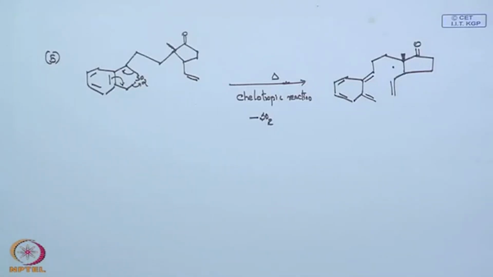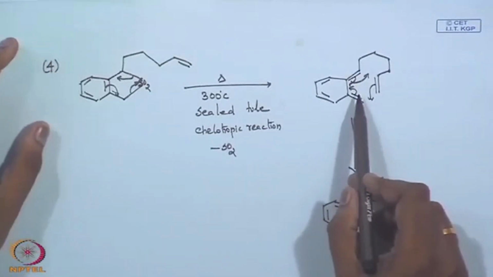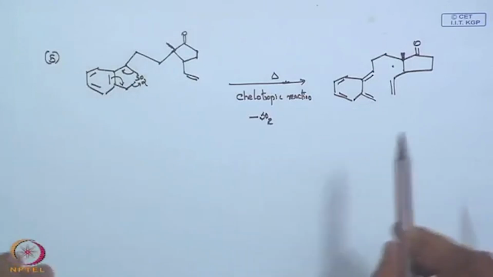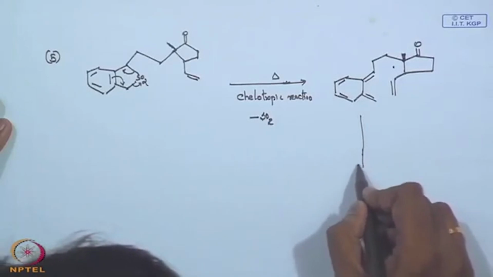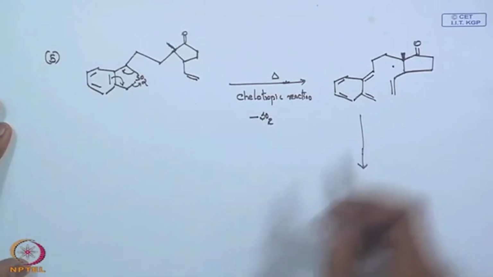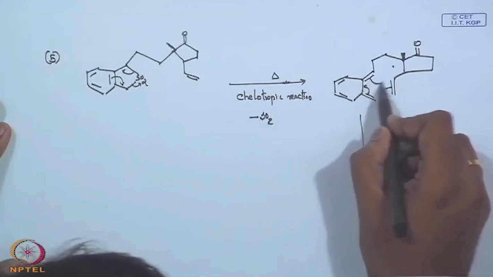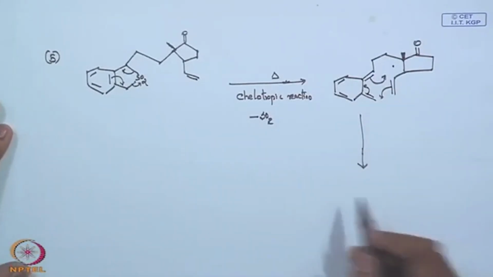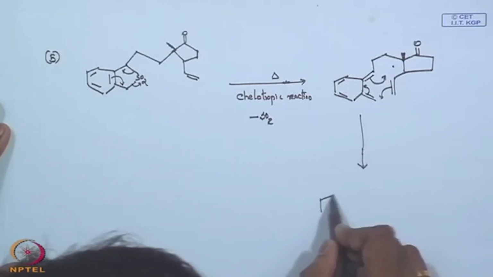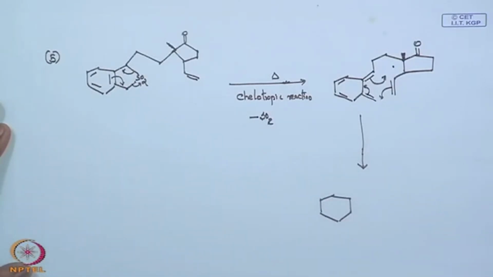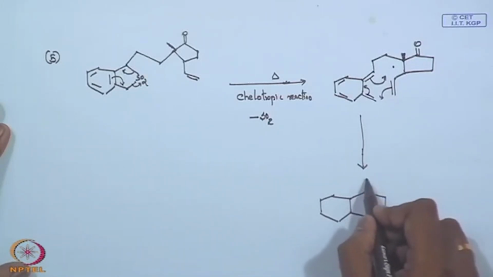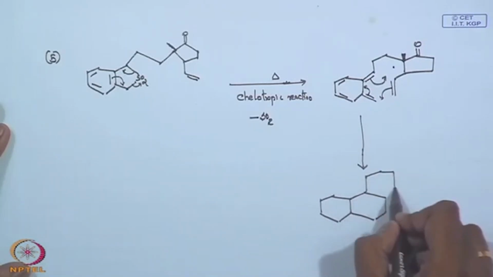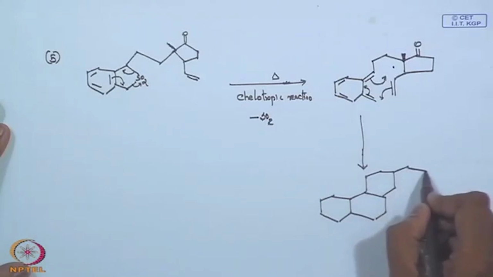The previous case was the same example, same thing, but now you will have A, B, C, D rings. Now you know that it undergoes a Diels-Alder type of cycloaddition, ring closure reaction to give you the final product.